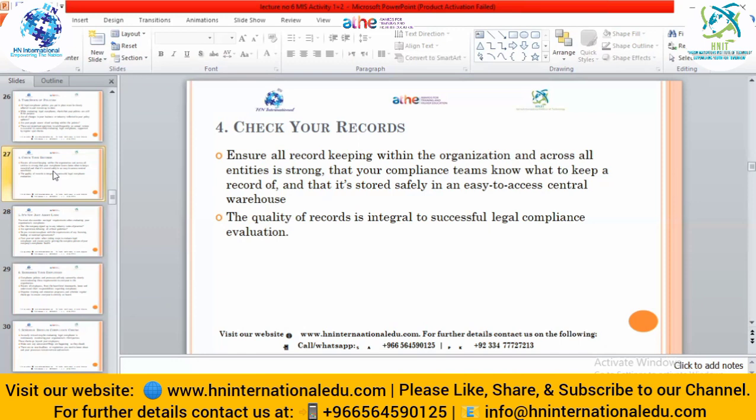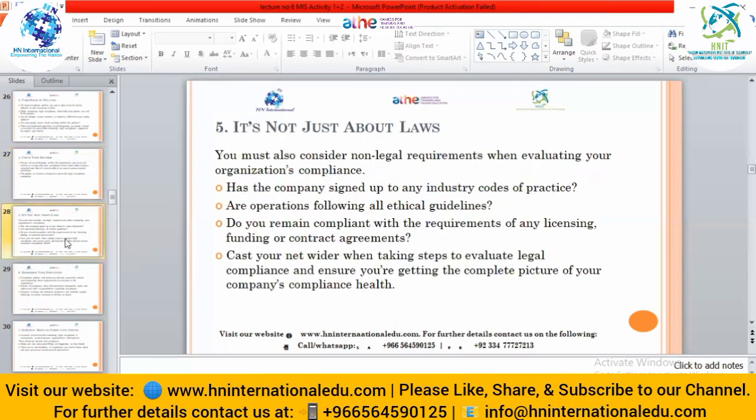The quality of records is integral to successful legal compliance evaluation. So if there is any issue, we can show that document to that organization or that person that is related to that issue.